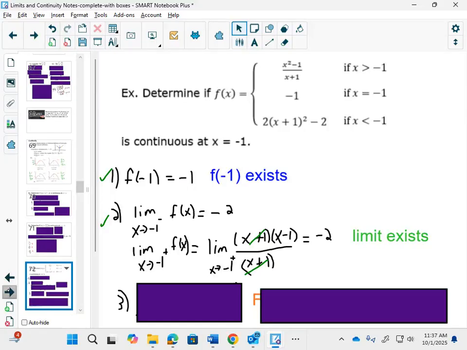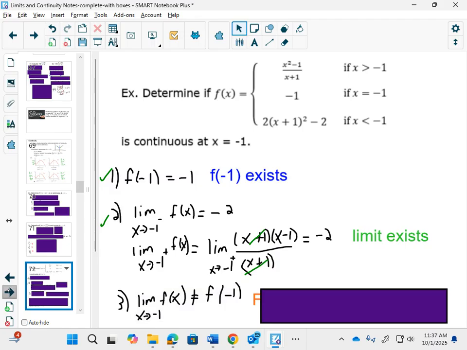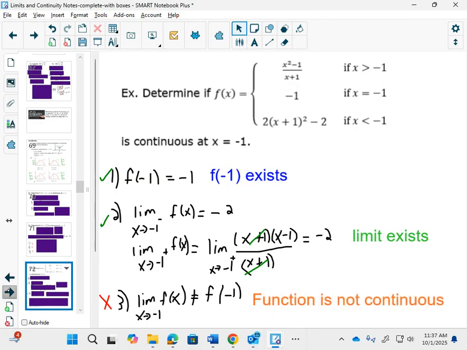Is the limit and the value the same? No. We fail at step 3. It is not continuous at that point.